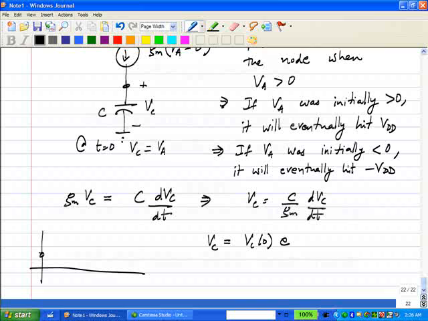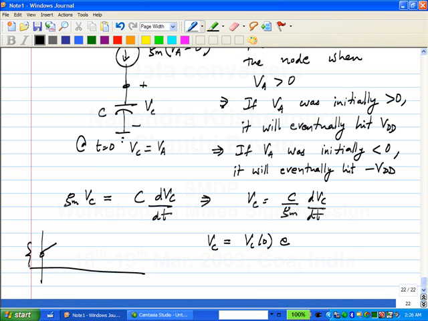It starts doing this. Then what happens? Please note that this is the voltage across the capacitor, and this is also what is driving the current source. So now the voltage across the capacitor has increased, which means that the current source is pumping more current as well. So the current is increased, so what happens to the slope of the voltage across the capacitor?